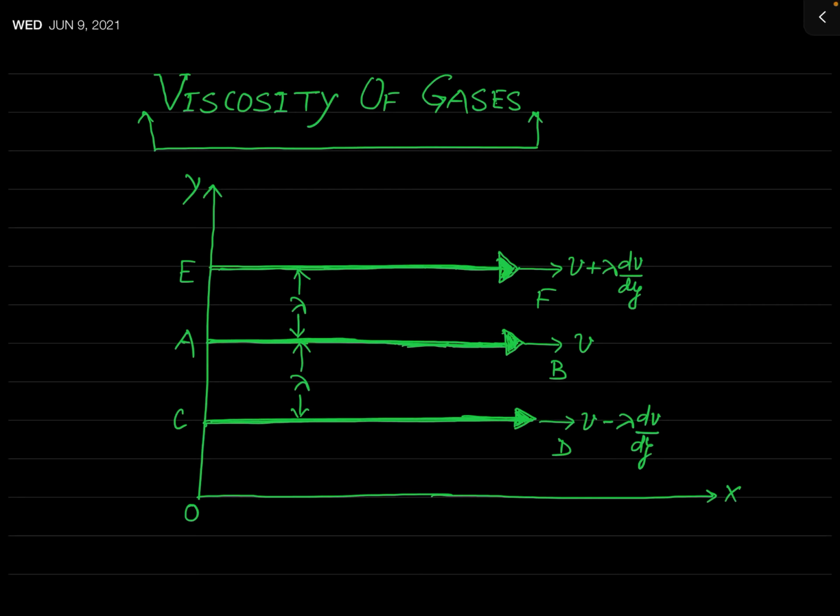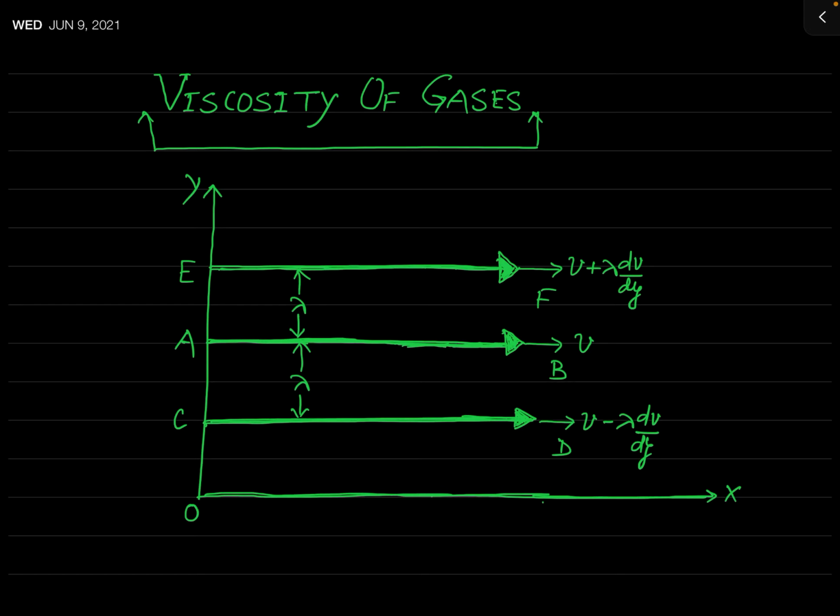Now let us consider this OX, you can see in this figure, I have shown this line OX, but remember this OX is not a line. Although in the figure it appears like a line, it is just a horizontal surface.